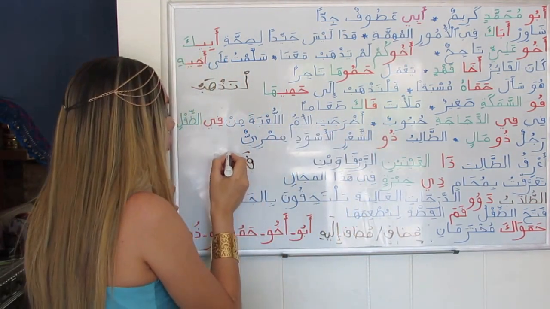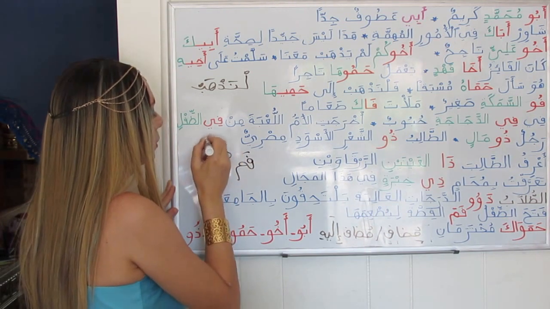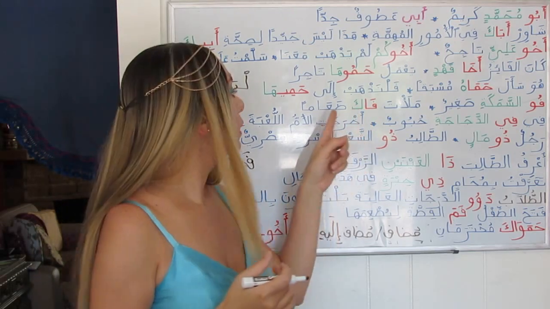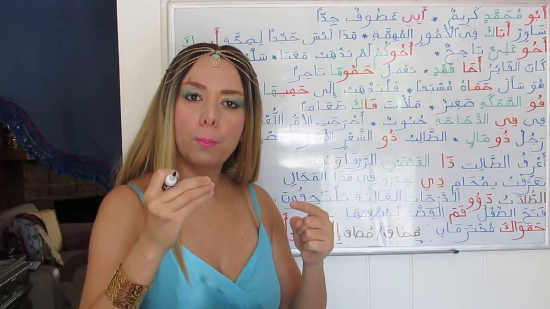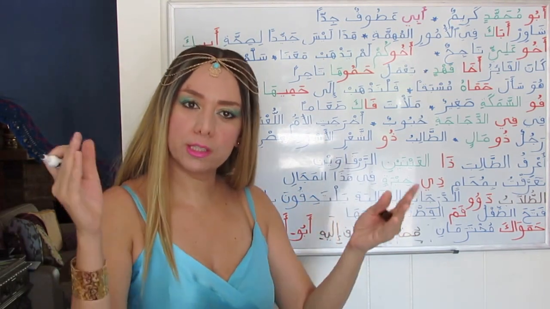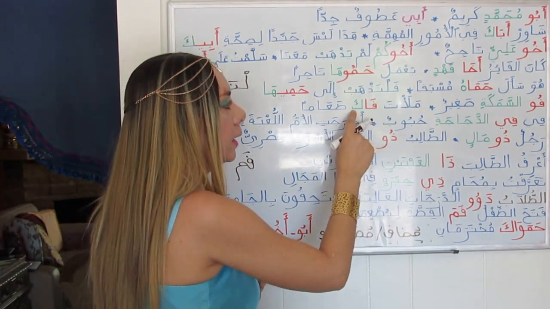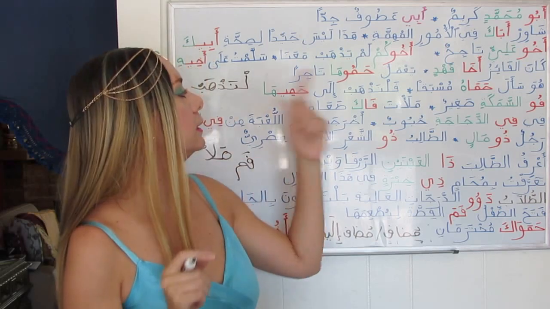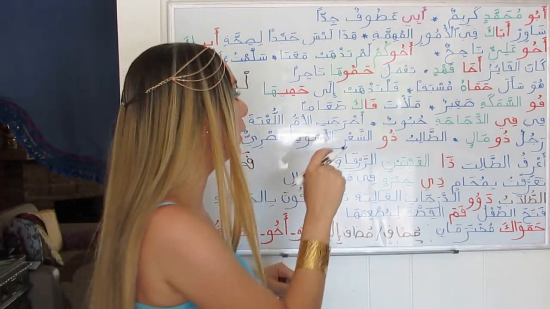ملأ, to fill up, or to stuff. So ملأت فاك طعاما. You filled up your mouth with food, or you stuffed your mouth with food. So فاك is the object of ملأ, since the subject is you, second person, singular masculine.